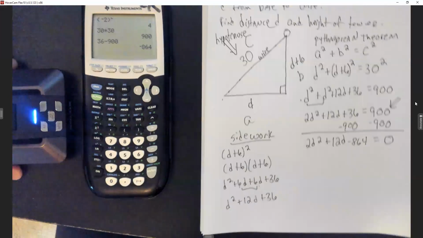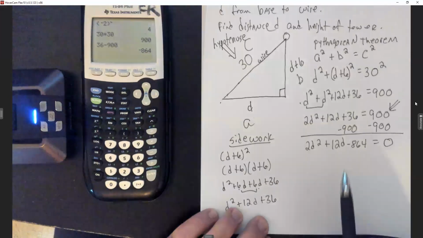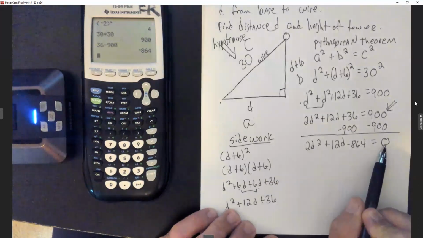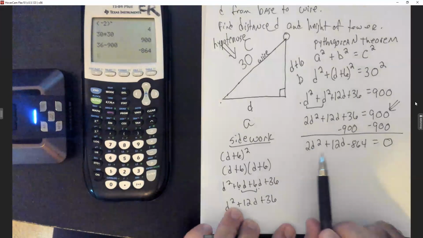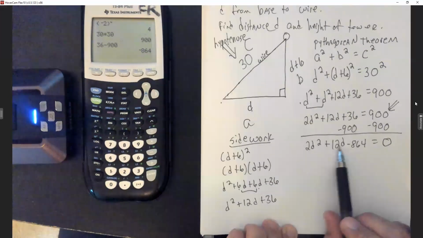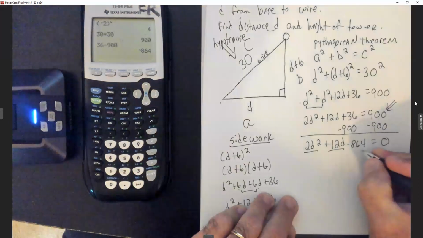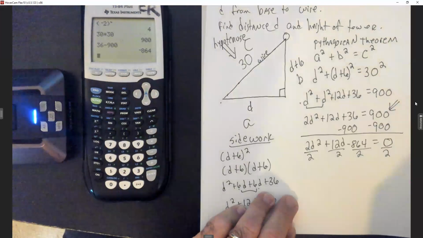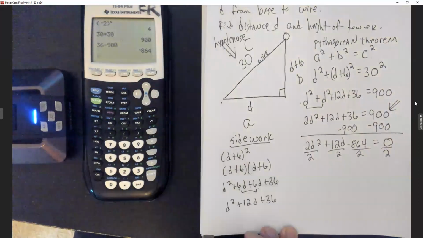But y'all, I want to show you one thing. Do you see how every single number on here will divide by 2? So I don't like these 2's being in the front, but since all these will divide by 2, I'm going to divide everybody by 2 to make this a little easier to factor. Remember, you can do anything as long as you do it to both sides.